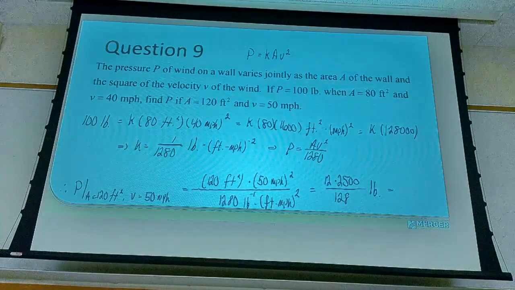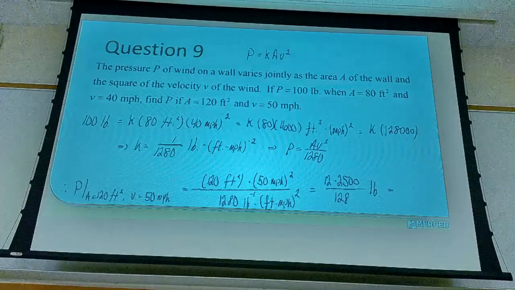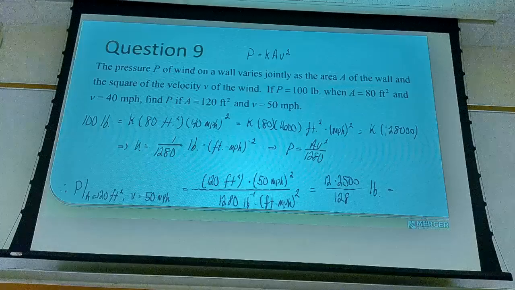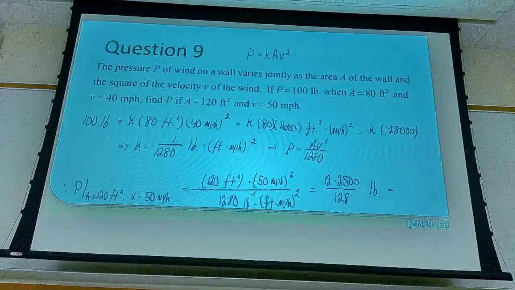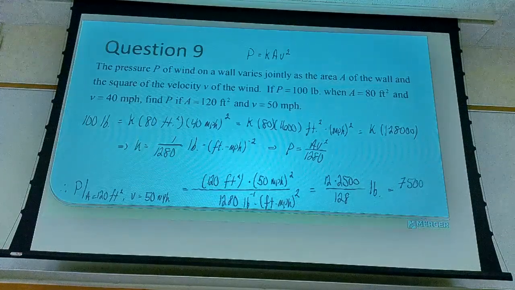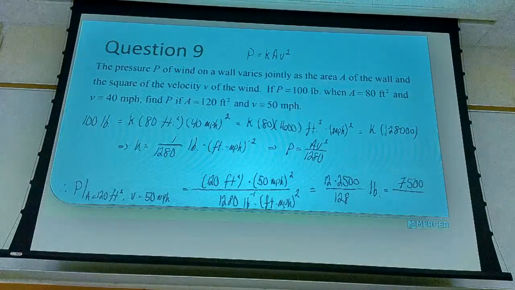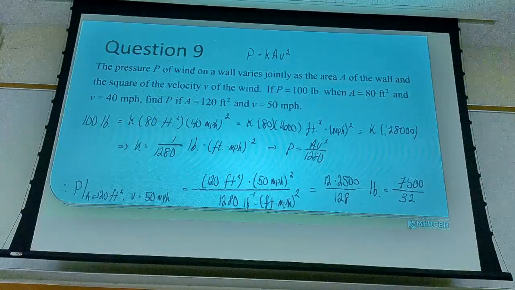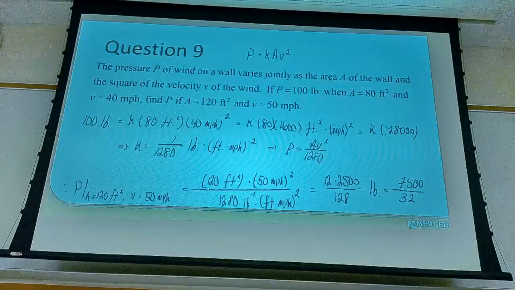12 over 128 can be simplified. 12 is divisible by 4, so 128 is divisible by 4. Three times 2500 is 7500. So what is 128 divided by 4? 32. Can be simplified more.